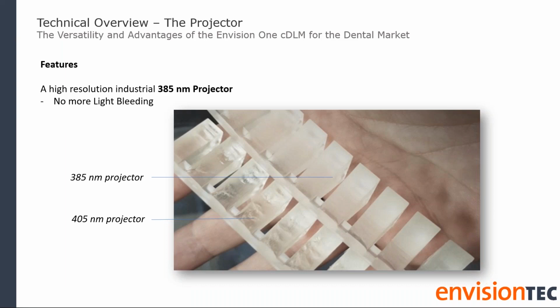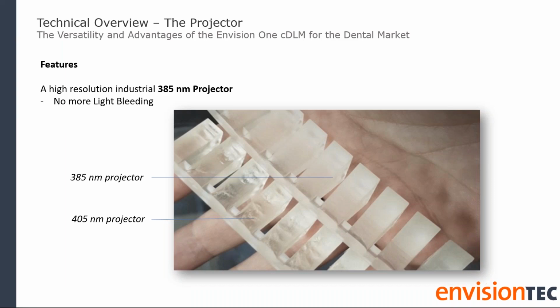Light bleeding is the effect of exposing light and curing material outside of the targeted areas, as seen in the slide. In the photograph, the top model was printed with a 385 nanometer projector, and the bottom model was printed on a 405 nanometer projector. The top model more accurately reflects the intended design with clean, sharp edges and smooth surfaces.